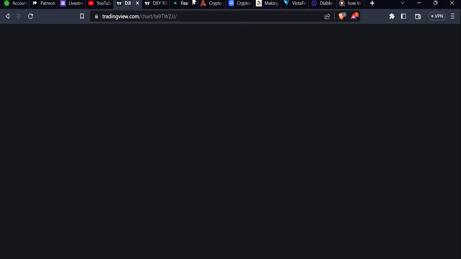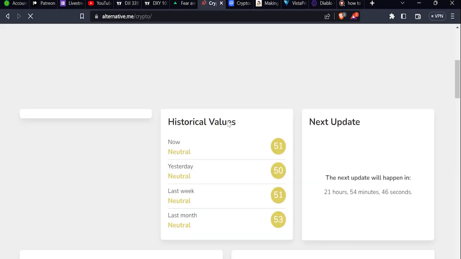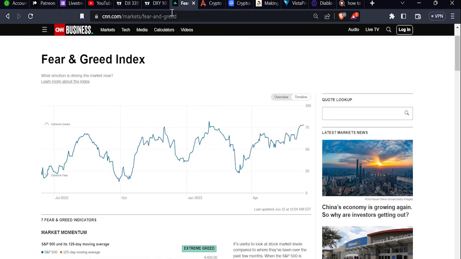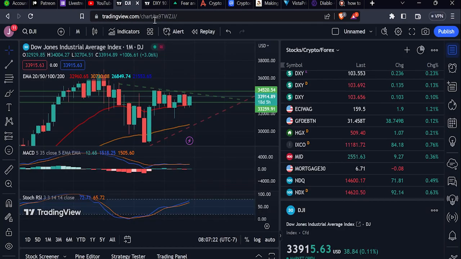So crypto right now, I think it's neutral. It did hit here recently, just briefly. But if the stock market tanks, then crypto is definitely going to follow suit. So the Dow Jones has been trading sideways for a while now since November 2022.